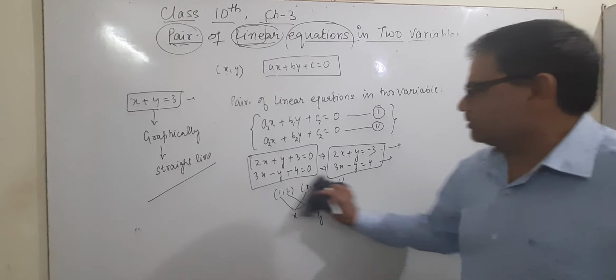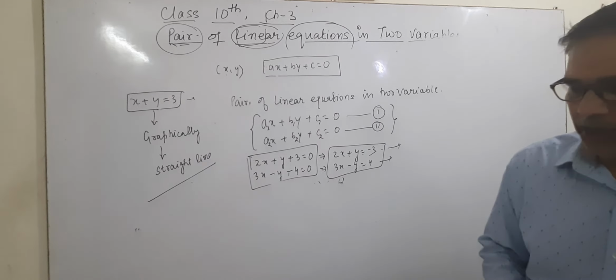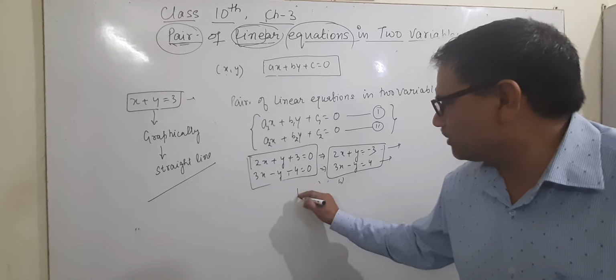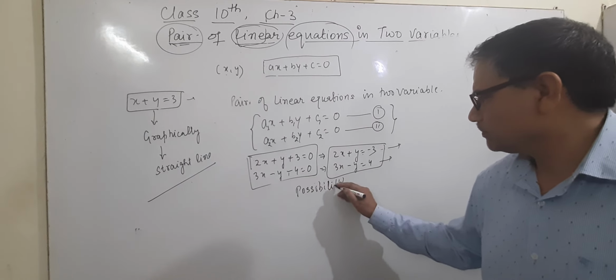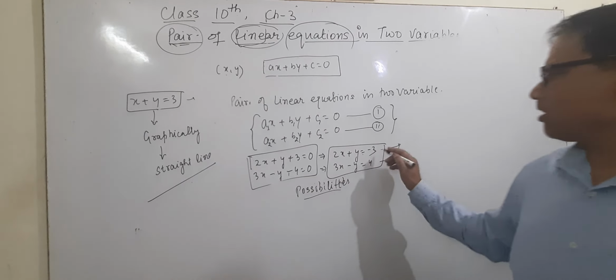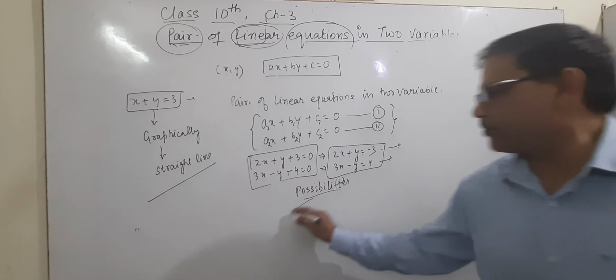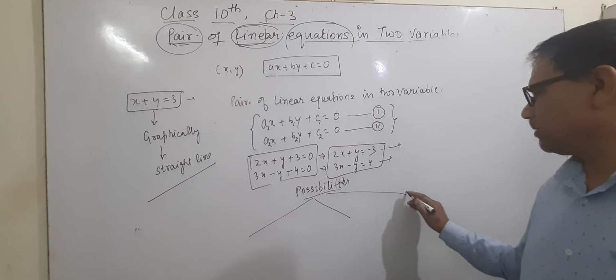Second, graphically we can represent three conditions. There are three possibilities when we draw the graph of these two lines. Possibilities of a pair of linear equations in two variables graphically.